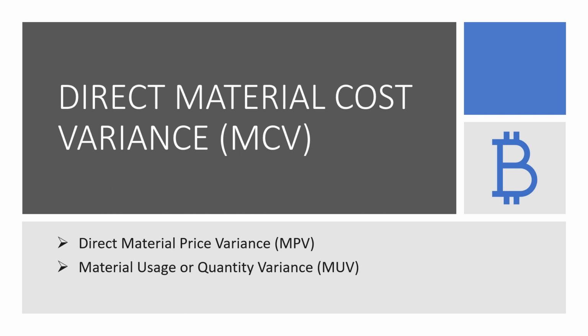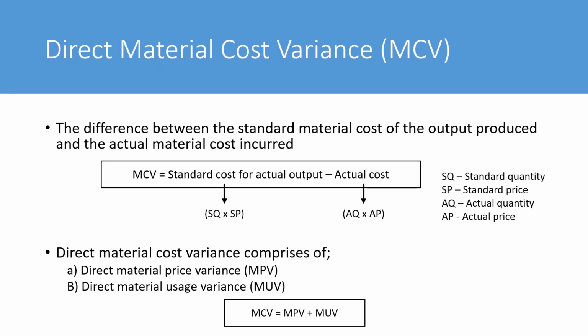In terms of direct material cost variance, you can calculate the direct material price variance and the material usage or quantity variance. The direct material cost variance is the difference between the standard material cost of the output produced and the actual material cost incurred. So the equation for material cost variance, or MCV, equals the standard cost for actual output minus the actual cost.